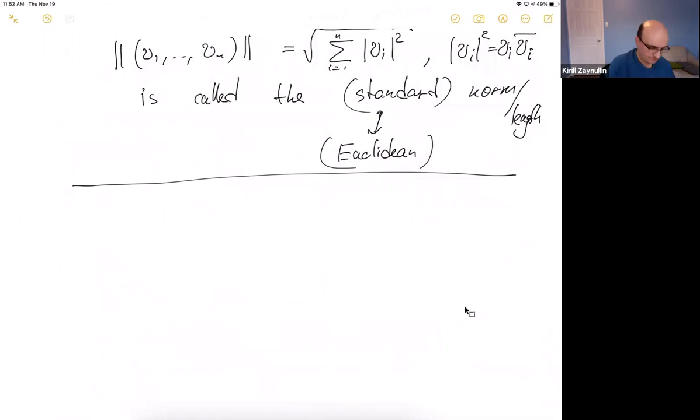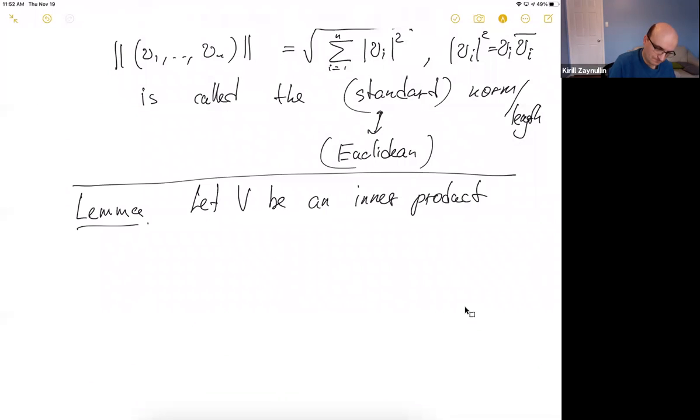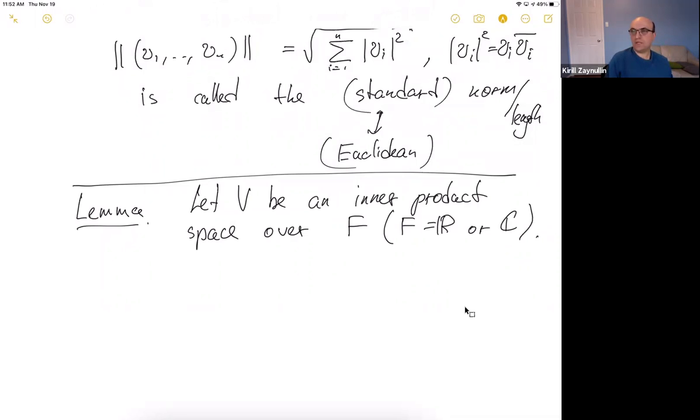Now there's the following fundamental lemma. Again, let V be an inner product space over the field F. Here one should mention that F is either R or C. So far I defined the inner product over C, but of course you can just restrict yourself to R, because R is a subset of C, and all the properties are actually valid.